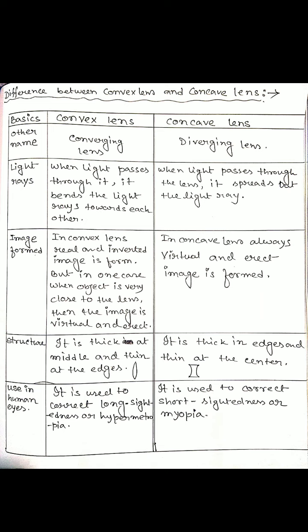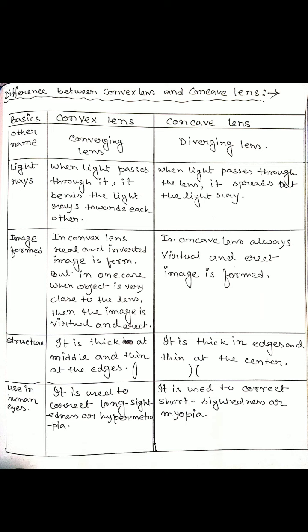Not completed, some more refraction, some applications of refraction are also there: mirage, total internal reflection, critical angle. Very important terms are left, and these are very interesting topics. Believe me, they are very interesting topics.